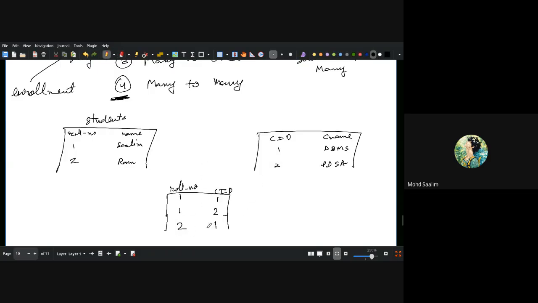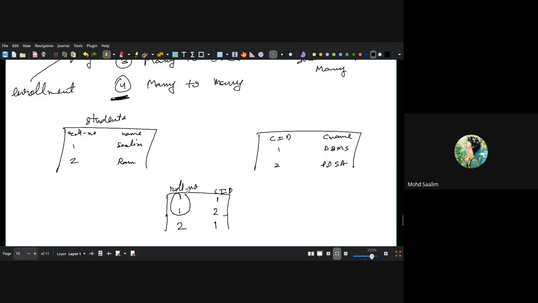Now look closely at this table. This one is getting repeated here. This one is coming many times. Am I right? And if you focus on the right hand side, the course IDs are also coming multiple times, right? Yes, sir. So what does that mean? This is the meaning of our many to many relationship.